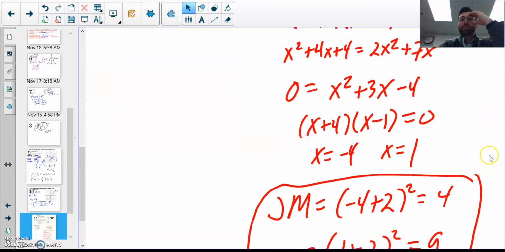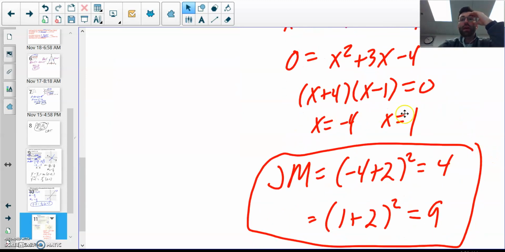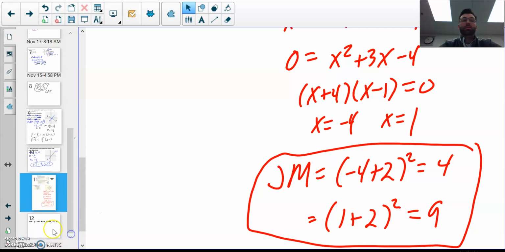So the negative actually works. So both -4 and 1 are going to work. We always want to test to make sure it works in both segments. So I'm going to have two values for the length of JM, and that is okay. That is possible. All right, don't freak out.